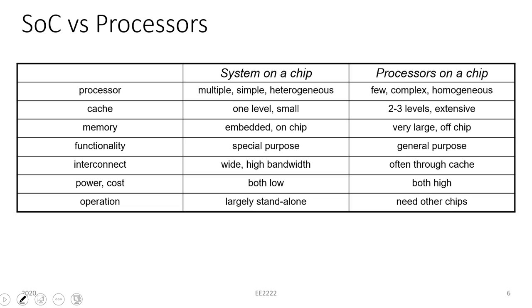And given that most of the functional components are already included within the system on a chip, they can largely function as standalone devices with the addition of certain auxiliary components like power supplies, input-output devices, and things like that. Whereas processors will rely on a lot of other chips to give other functionalities to make up a proper, full computer.